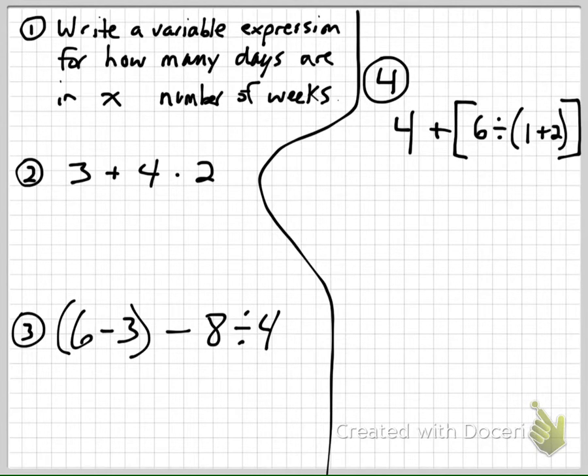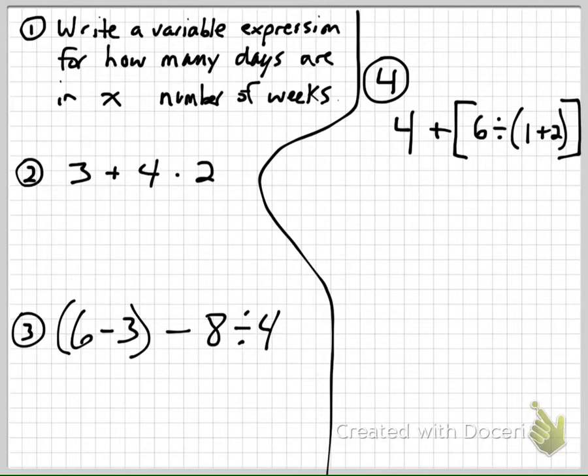So you take 7 and you multiply it by the number of weeks. If I said 5 weeks, you would take 7 times 5. If I said 10 weeks, you would go 7 times 10.